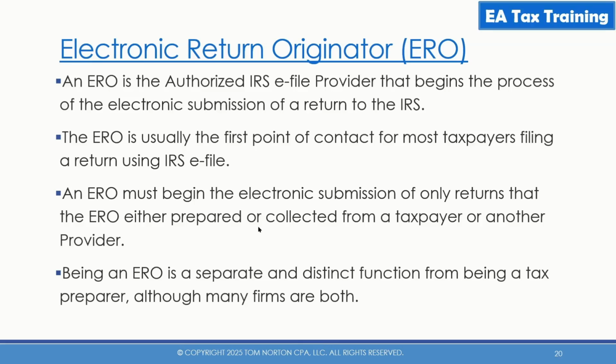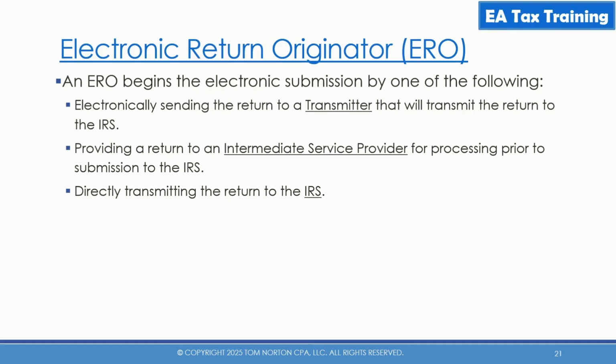It really is separate. An ERO begins the electronic submission by doing one of the following. Either they electronically send the return to something called a transmitter that will then transmit the return to the IRS, or they provide the return to an intermediate service provider who then processes it and submits it to the IRS, or you could directly submit it to the IRS.